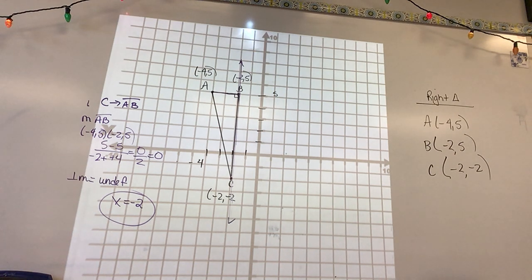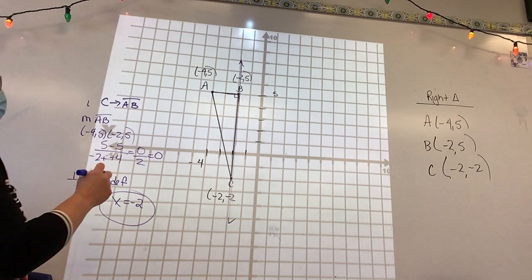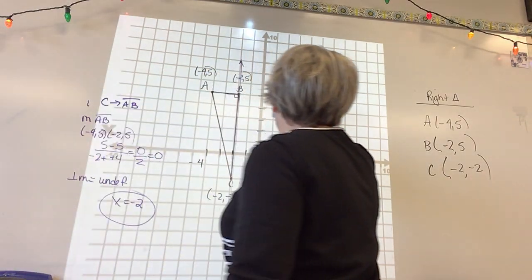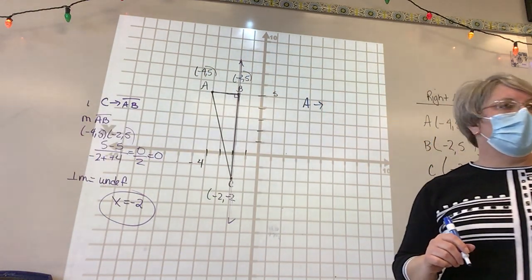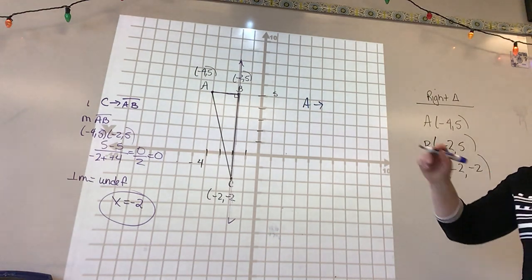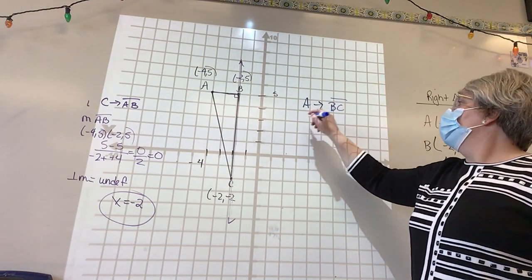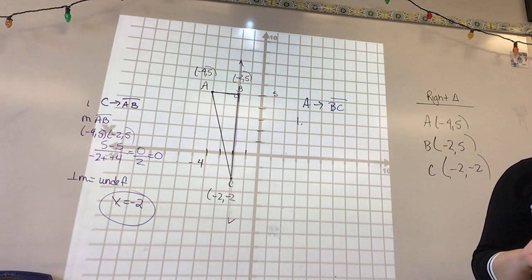Okay, so pick another vertex point, and then we'll go to its opposite side. What do you want to do, A? Okay, so we chose A. And what is the opposite side, everybody? BC.